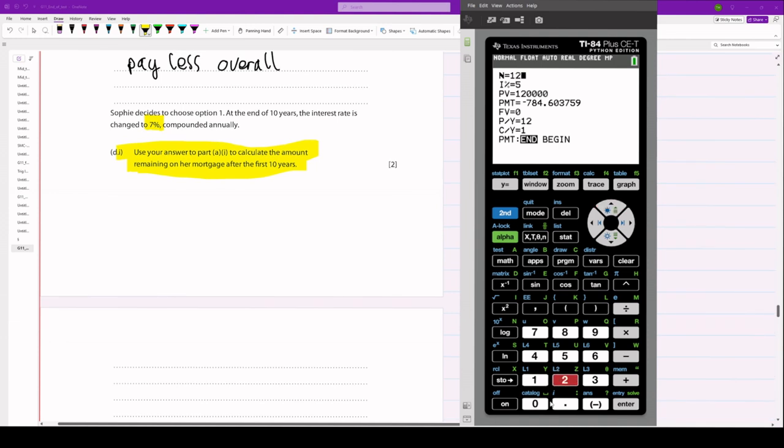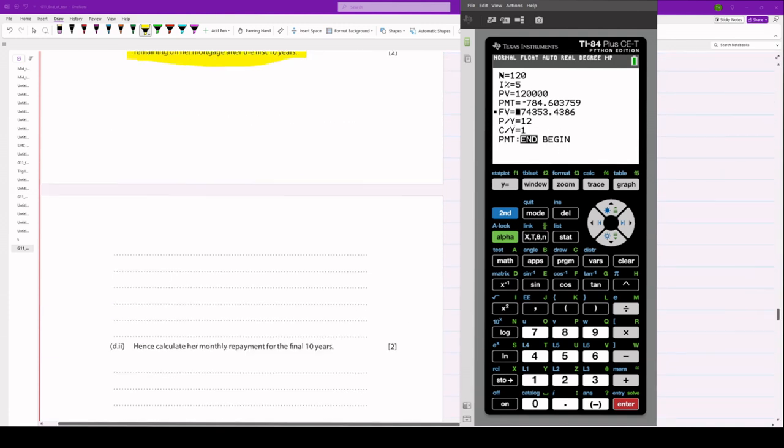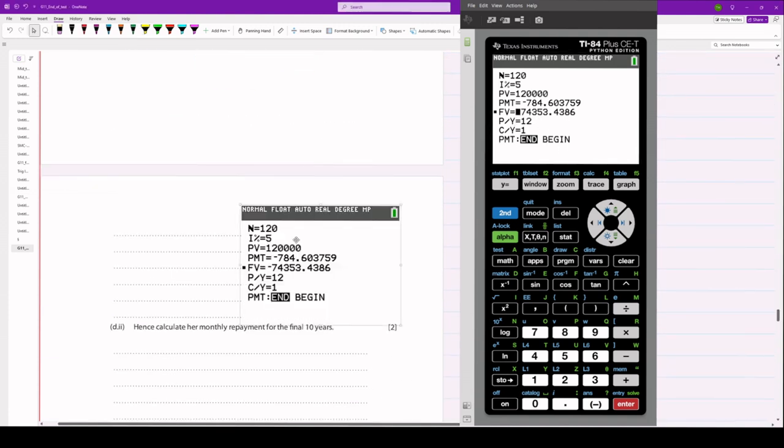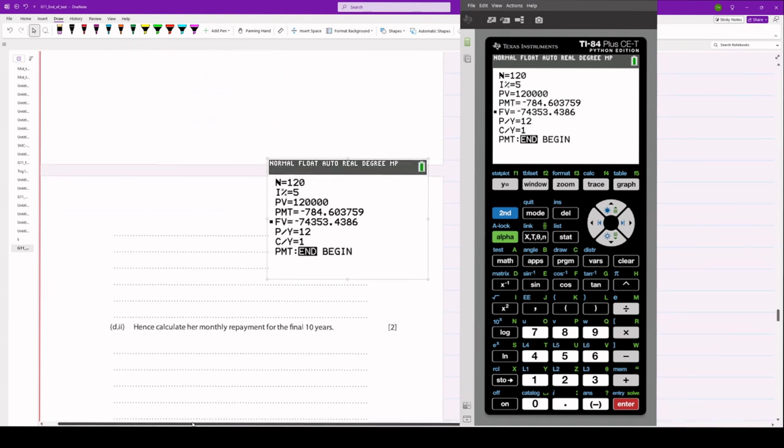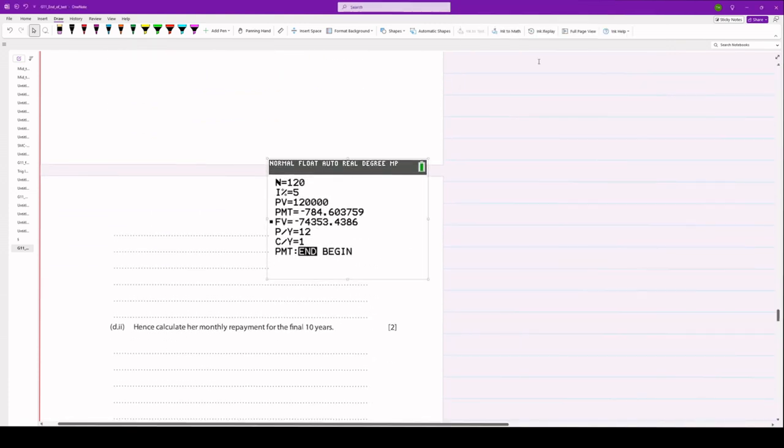So if I change this now to 120 months and I ask it to recalculate what the final value will be, I get this number. So my final value after 10 years is $74,353.